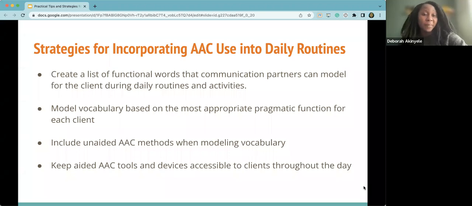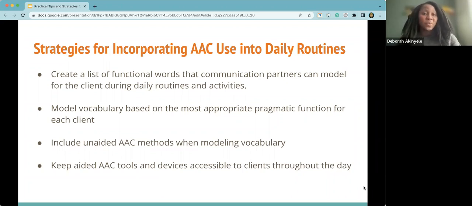And then again, really thinking about what the most appropriate pragmatic function is for each client when modeling vocabulary. So there are going to be times when there are natural opportunities for a client to request using the device. And that's a great opportunity to model the use of the device to request the desired item or action.